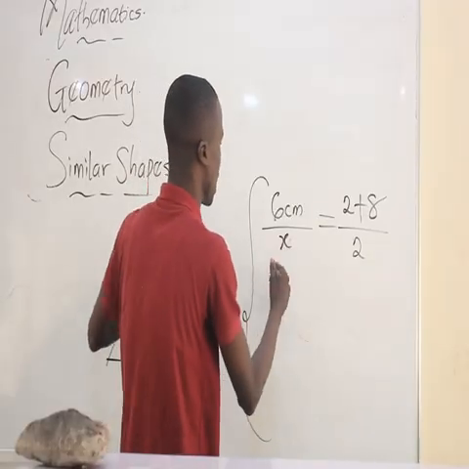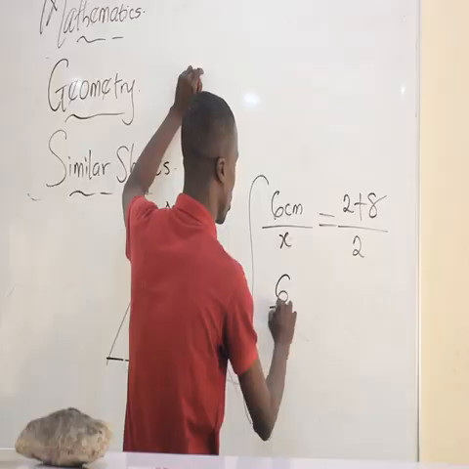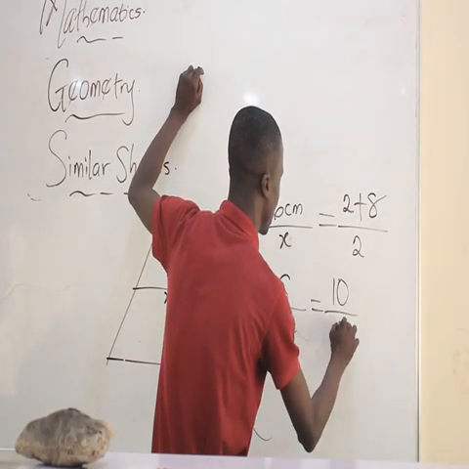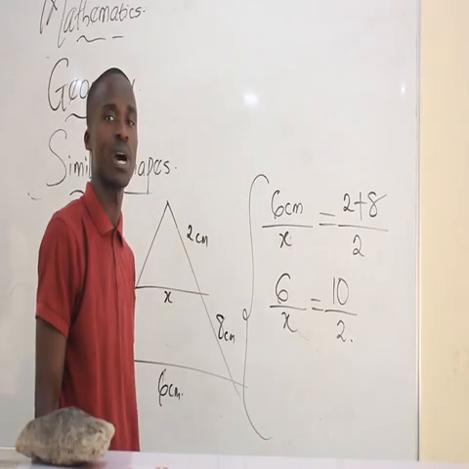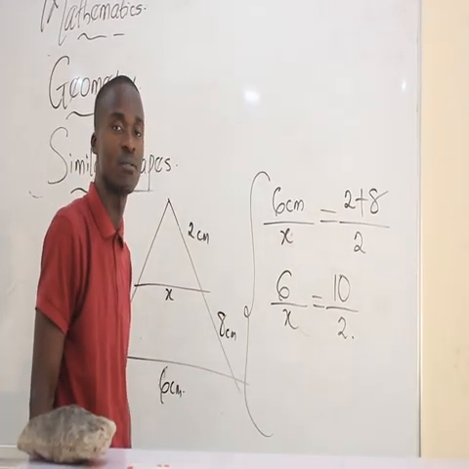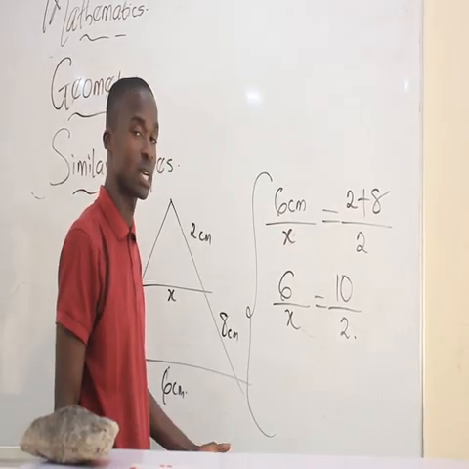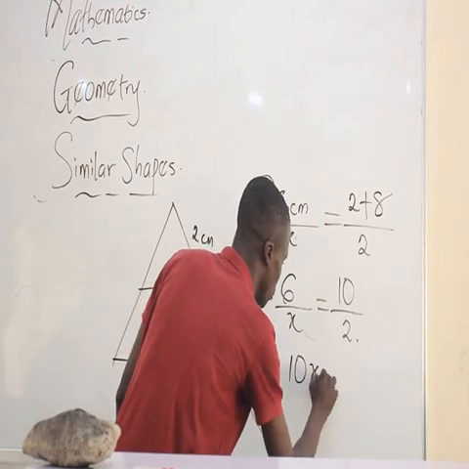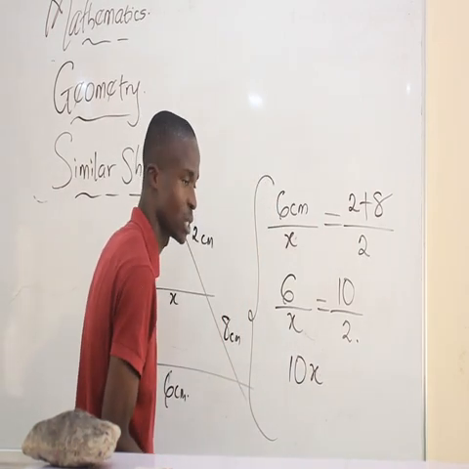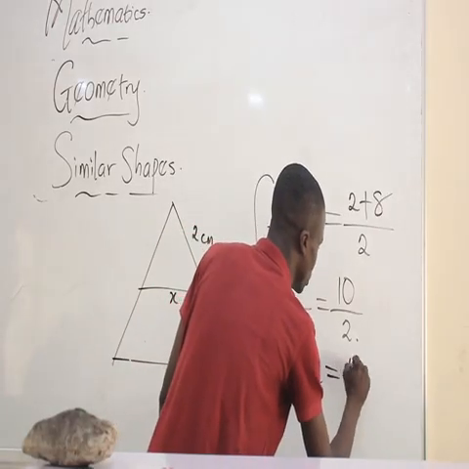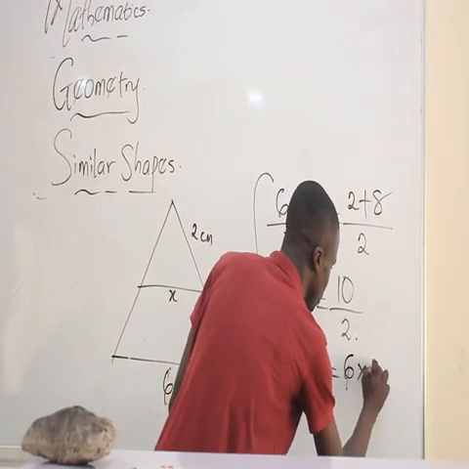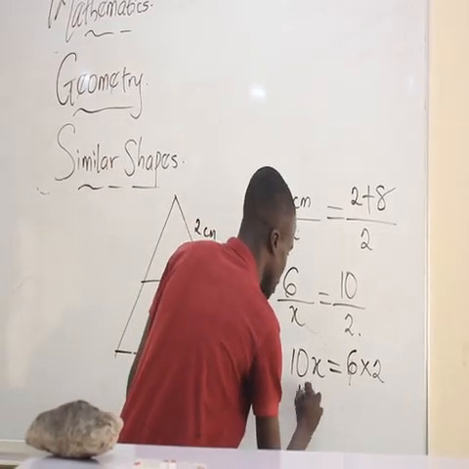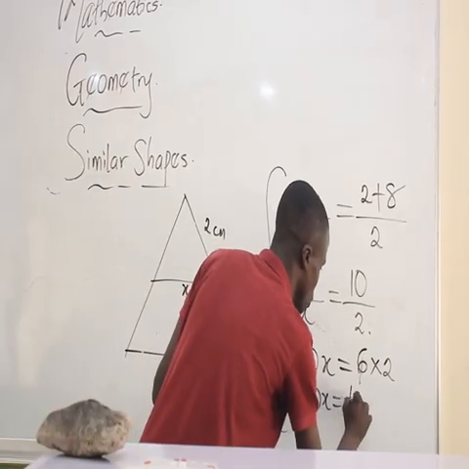So we have 6 all over x equal to 10 over 2. To obtain the value of x, you have to cross multiply. You have 10 multiplying x, which gives 10x, equal 6 times 2. Now we have 10x equal 12.